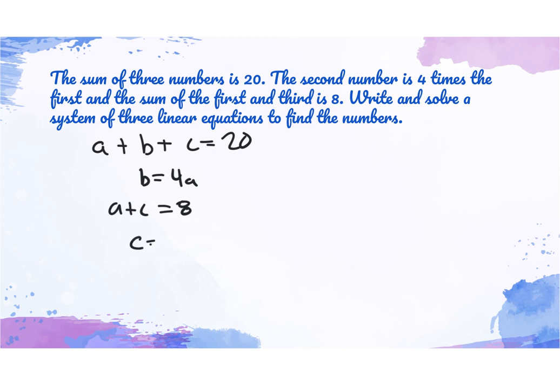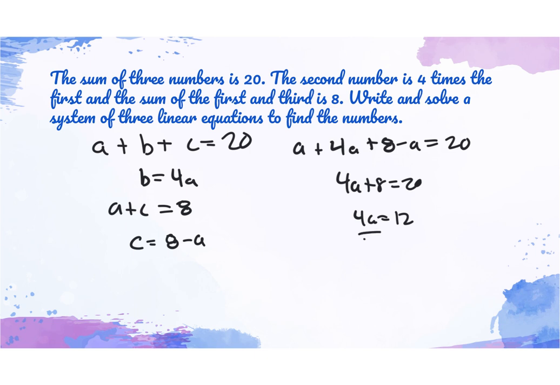So C is going to be equal to 8 minus A. If I rewrite this, it's going to be A plus 4A plus 8 minus A equals 20. So 4A plus 8 equals 20. 4A equals 12. A equals 3. If A equals 3, B is going to be 12 because it's 4 times 3. And then C is going to be equal to 5 because C is going to be 8 minus 3.